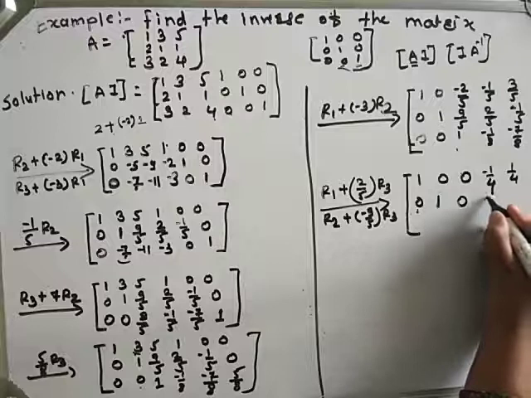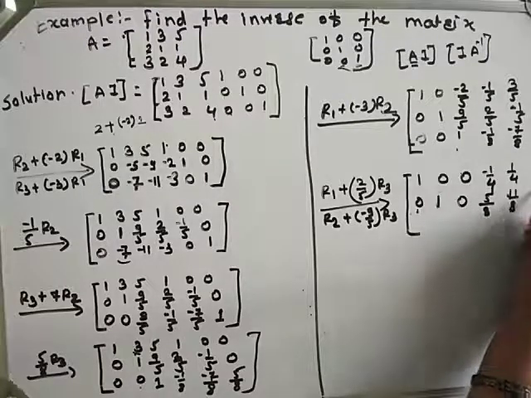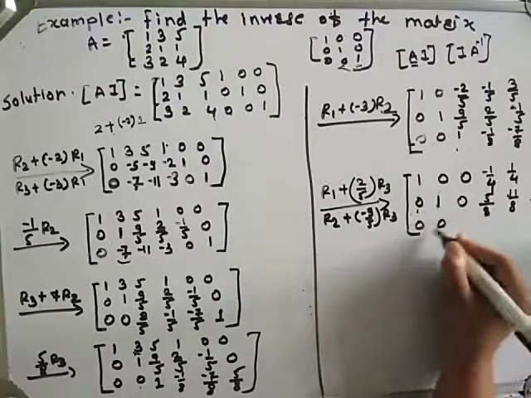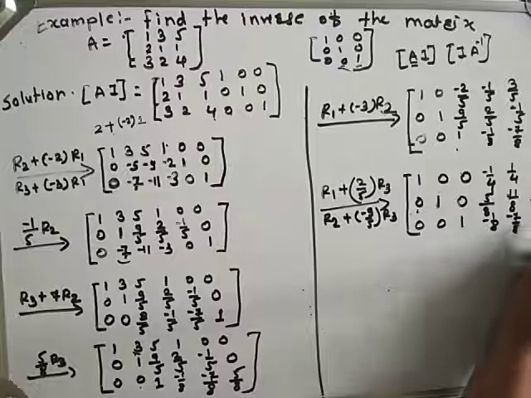Then the next entry is 5 by 8, 11 by 8, minus 9 by 8. And the last row is 0, 0, 1, minus 1 by 8, minus 7 by 8, 5 by 8.